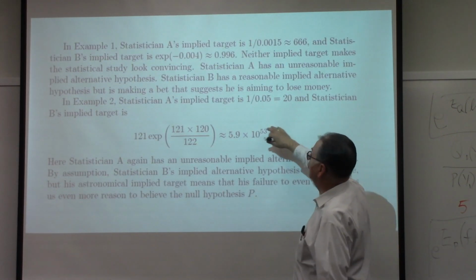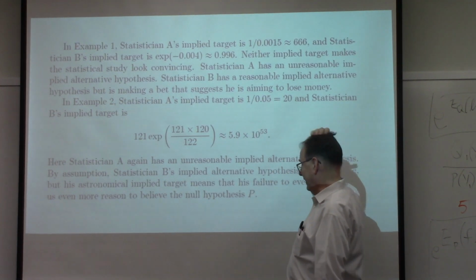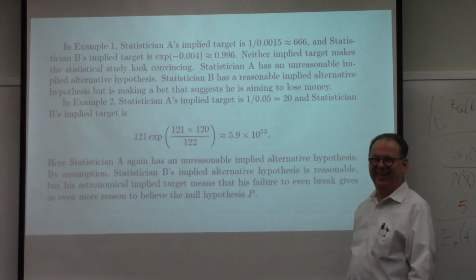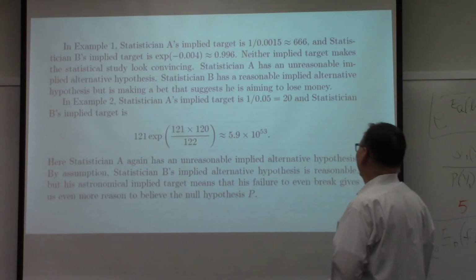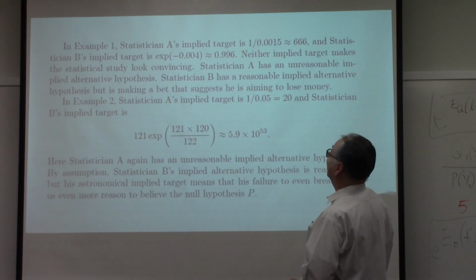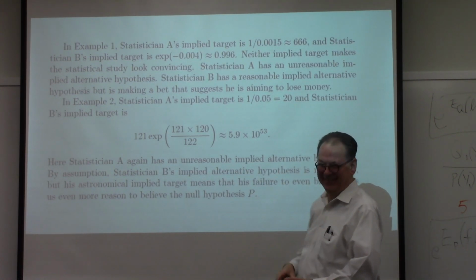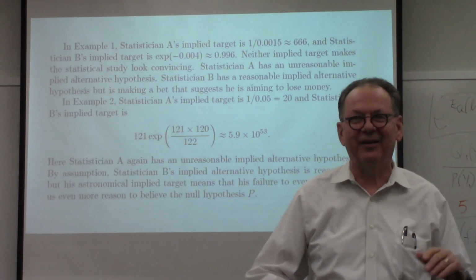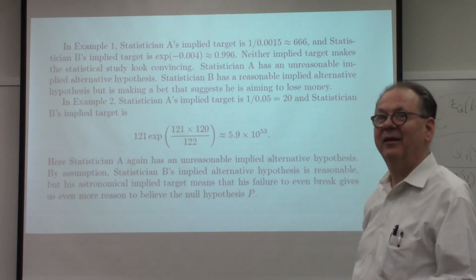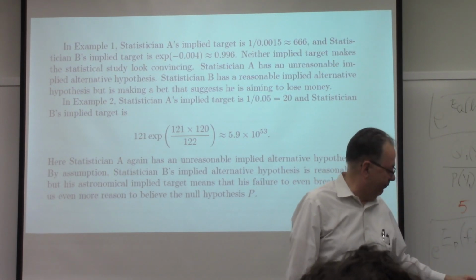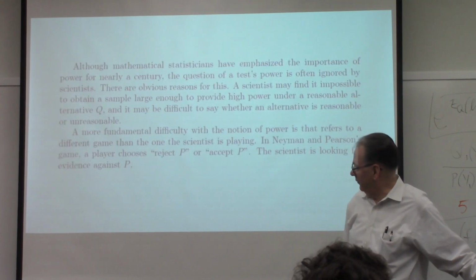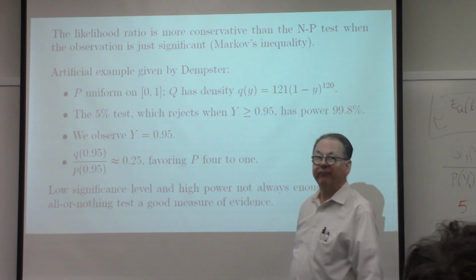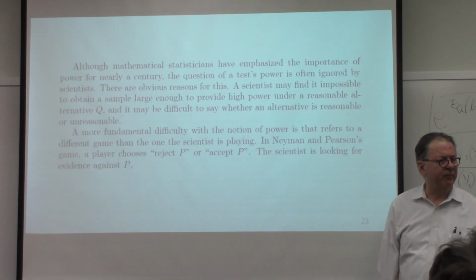In example 2, statistician A's implied target is 20. B's implied target is 10 to the 53. It's ridiculous. And not only did it not come close to its implied target, it actually favors the other hypothesis by likelihood ratio. So from the betting point of view, this outcome really seems to favor P. So, okay, that's just an example.